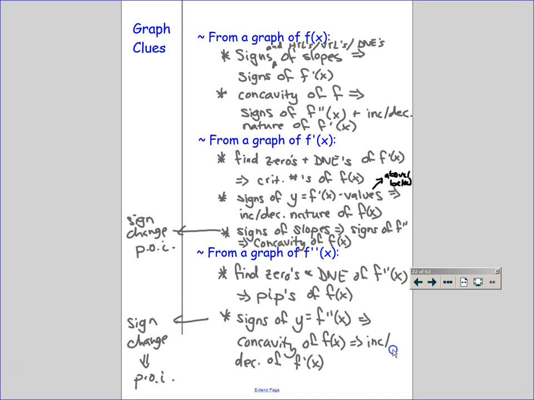From the graph of the original? Is there any feature in your calculator that says, oh, don't worry, point of inflection, here it is? No, there's maximums, minimums, intercepts, values, zeros, but there are no points of inflection.